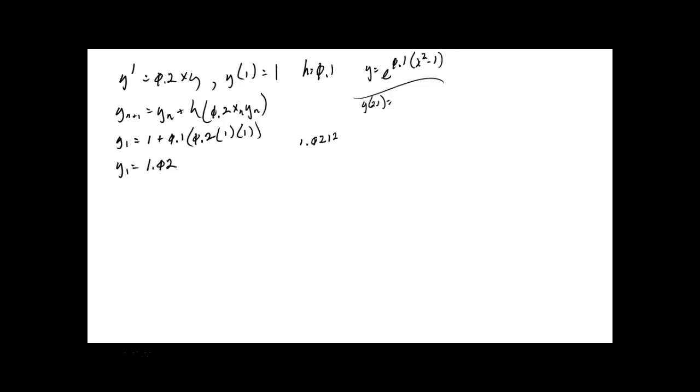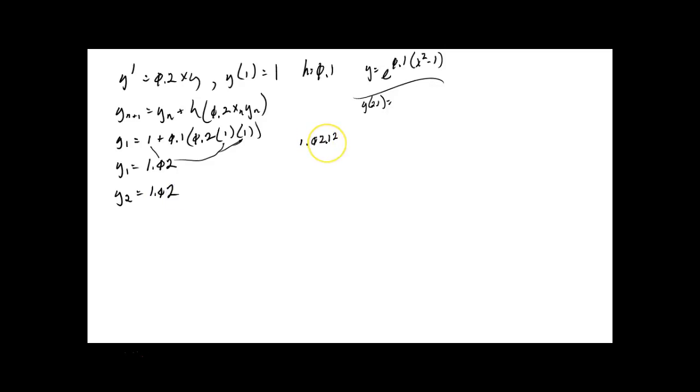Okay, so we'll do a y2, and that would be everywhere you see a 1 up here, you plug that in there and plug it in there for your y. I'll go on and do this one. Y sub 1 was 1.02.